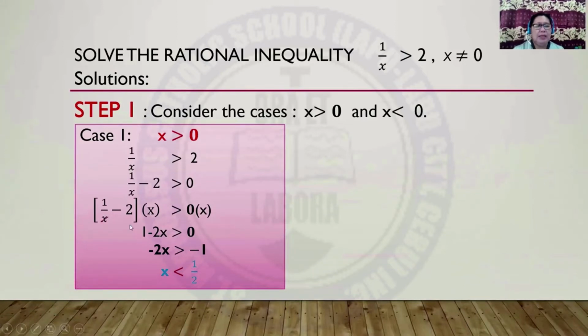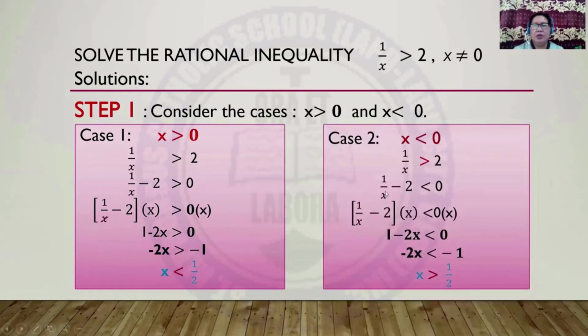Then negative 2 times x is negative 2x, greater than 0 times x is 0. Transpose 1, so you will have negative 1. Then divide by negative 2. The answer is x is less than 1/2. Take note that the multiplier is negative, so you have to reverse the symbol greater than into less than.